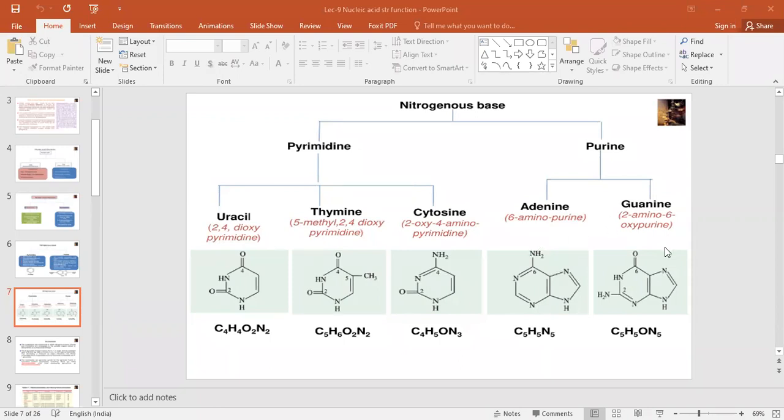Second one is the guanine. Guanine, the molecular name is 2-amino 6-oxo purine.